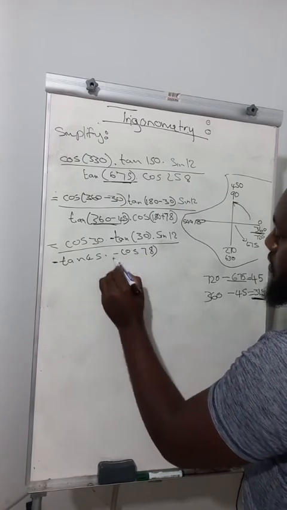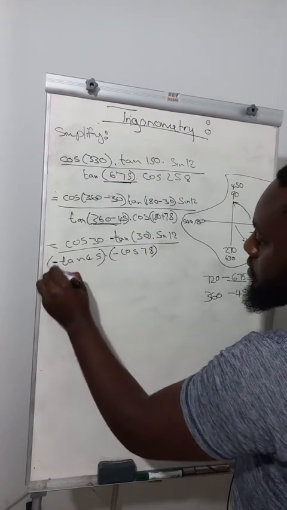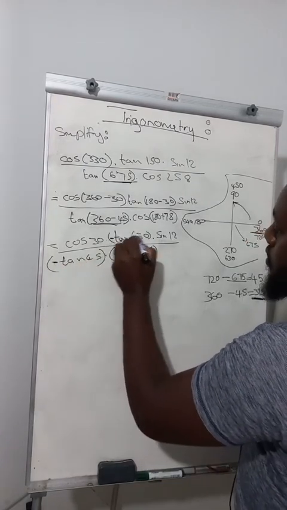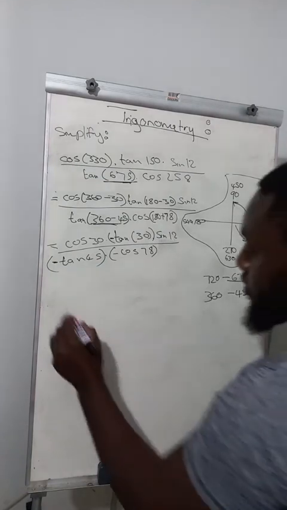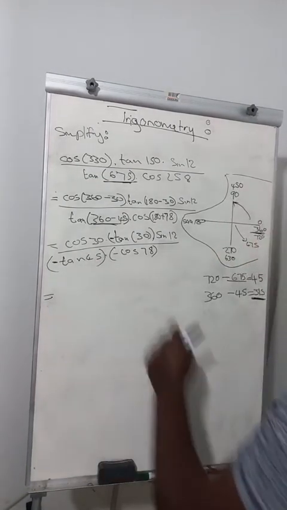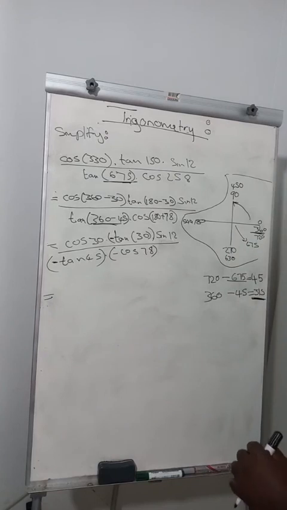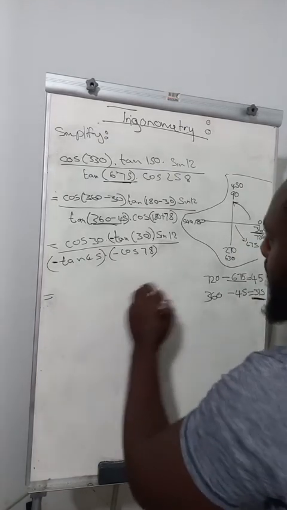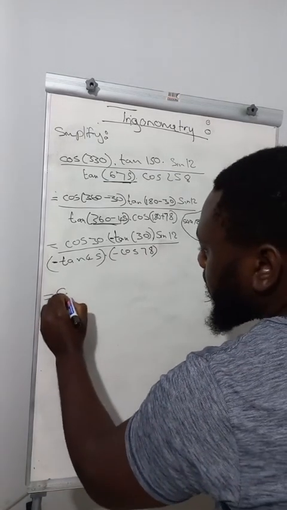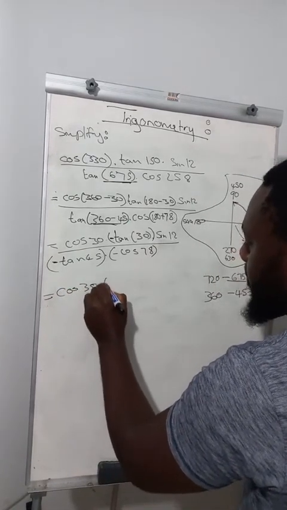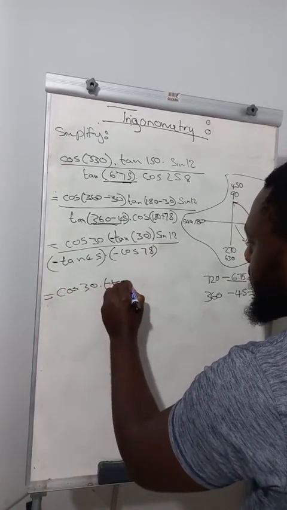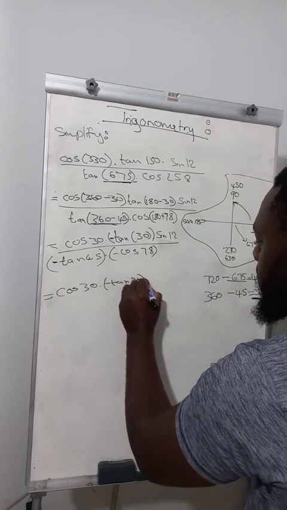So these things are within the brackets so that you can take note of the negative signs. So now here, what is cos 30? So let me keep this now so that I will substitute it once, cos 30, and then multiply by negative tan 45. This will be 30 here.